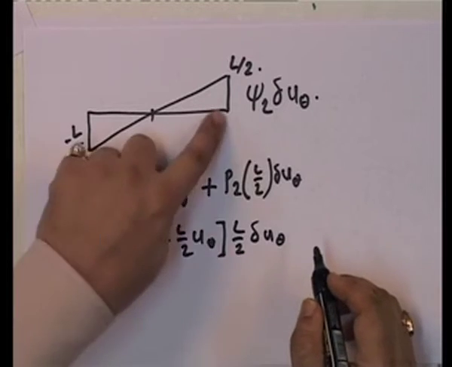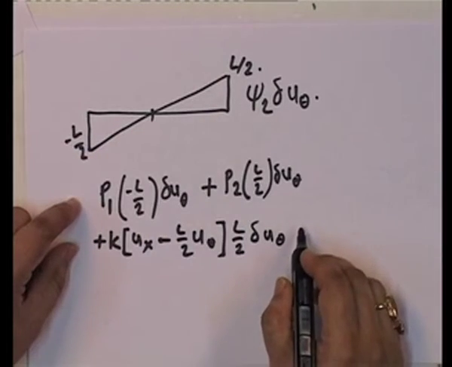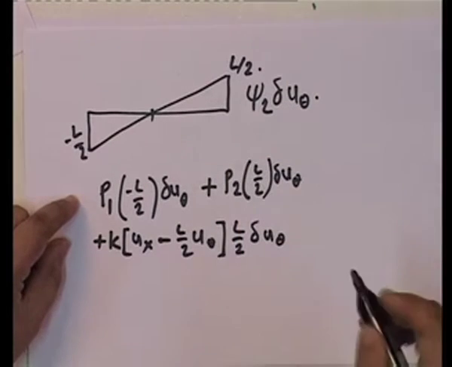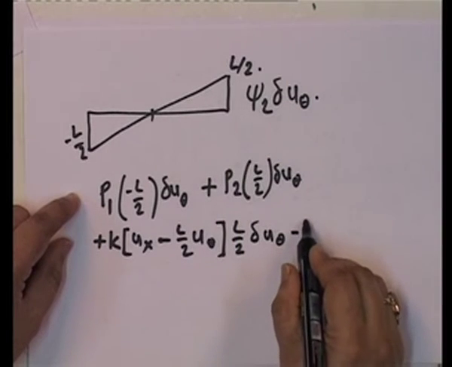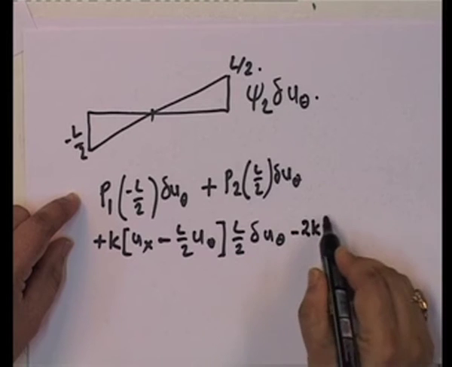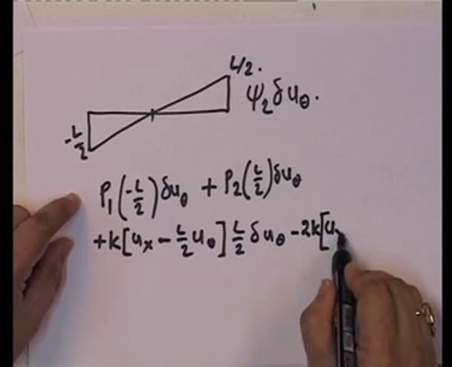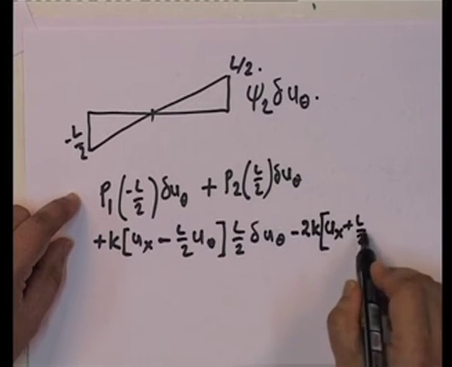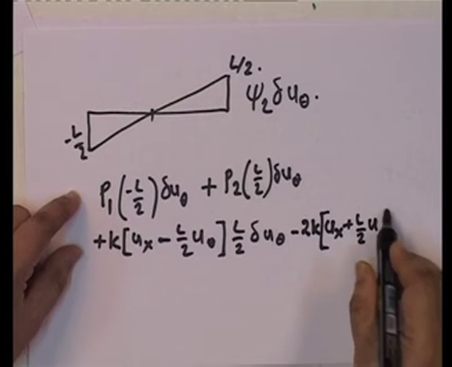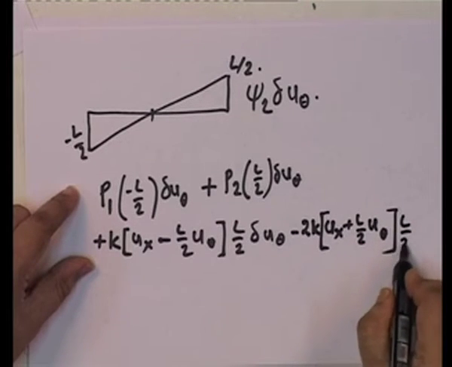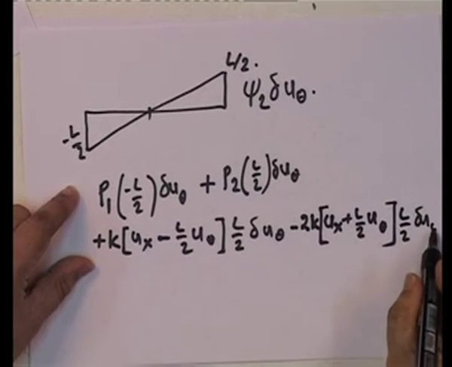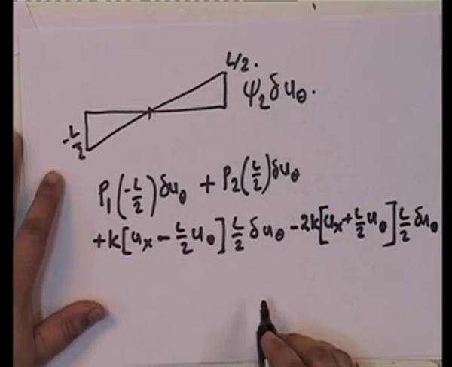Then we have the other one. That one is being subjected to minus, so it is minus 2k into ux plus L by 2 theta into L by 2 delta u theta.